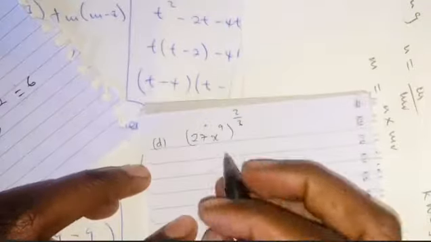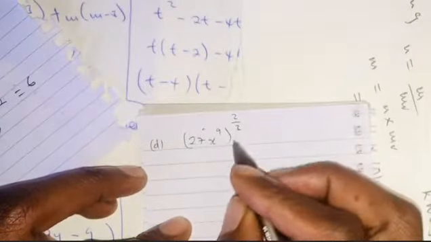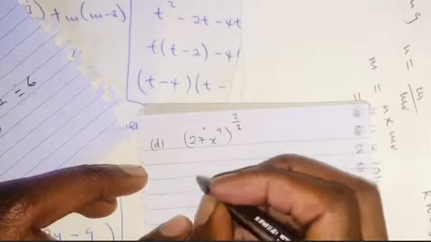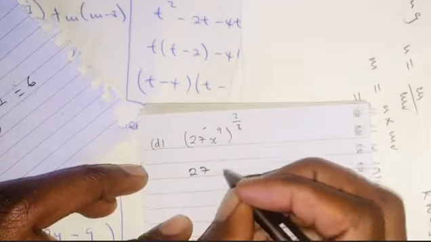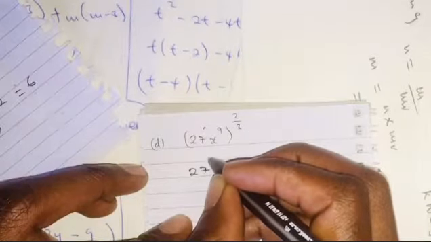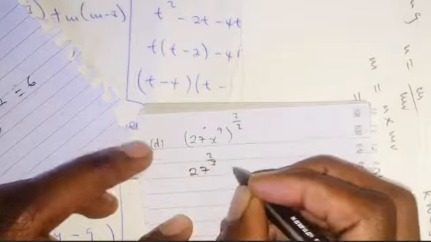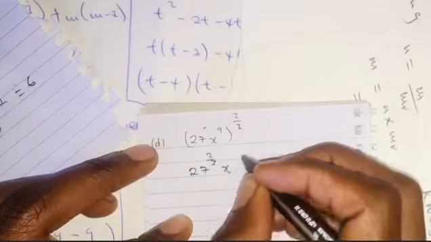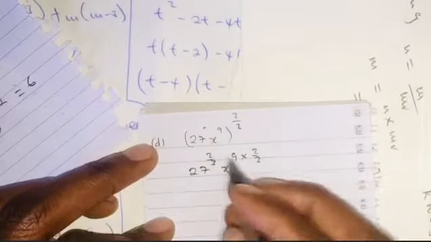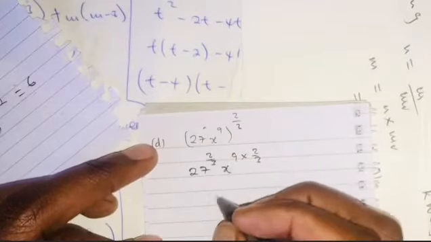Then item number 3 is the indices. So here we just put this power inside, or we are removing the bracket. 27 to the power of 2 over 3, then x to the power of 9 times 2 over 3. We have multiplied every power which was inside the bracket by 2 over 3.